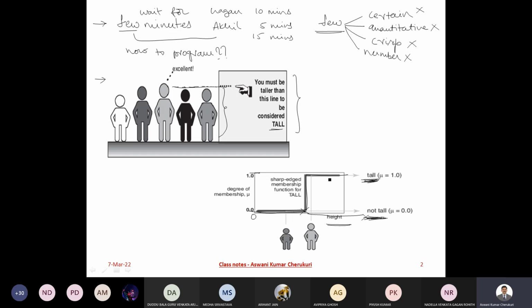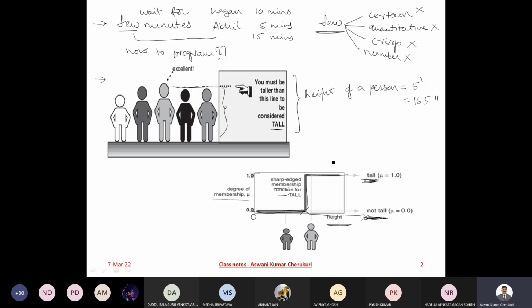Now there are some things which you need to understand here. There is an element called degree of membership, and a sharp-edged membership function. These things we will discuss a little later. For the time being, you understand that you are taking the height of an individual, say 5 feet or some inches, 165, 170 or whatever it is.